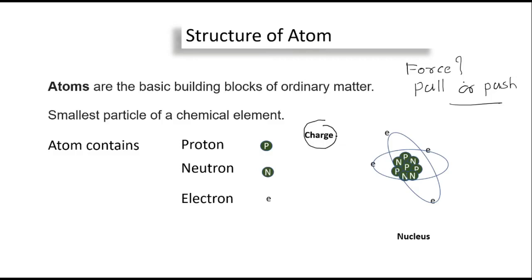Electric charge is a physical property of these particles, protons, electrons and neutrons. Understood? And they experience some kind of force. Experiencing a kind of force means they sometimes pull or push, right? So that property of a proton, neutron and electron is called electric charge.